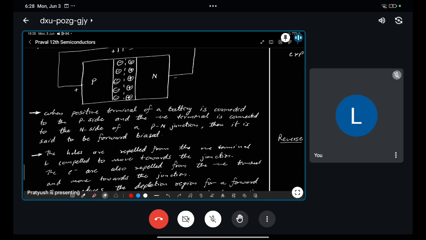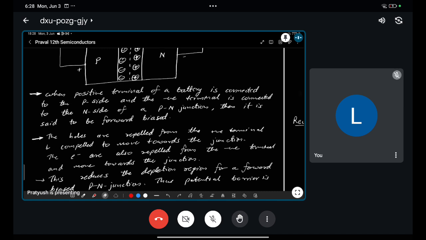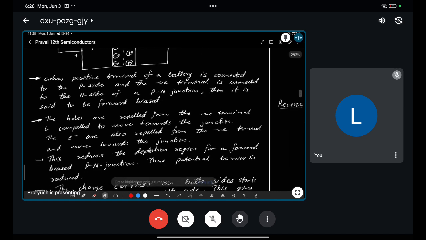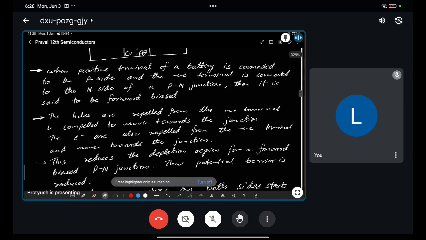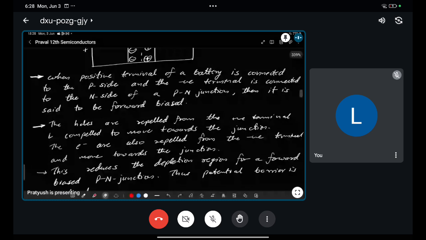And the electrons are repelled from the negative terminal and move towards the junction. This will reduce the depletion layer, means the depletion layer will get thinner. The potential barrier will be reduced because the depletion layer is thinner now. Take down these 3 points first.